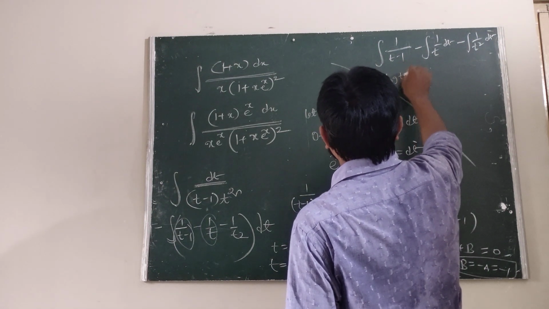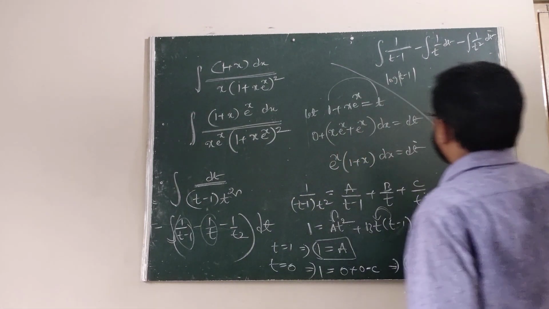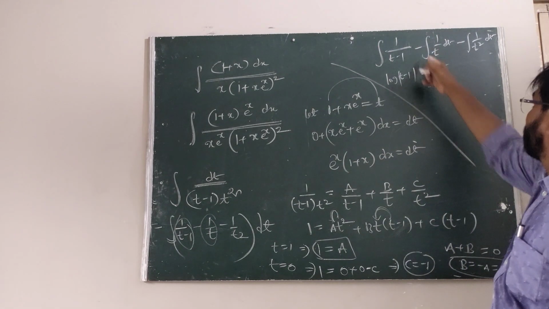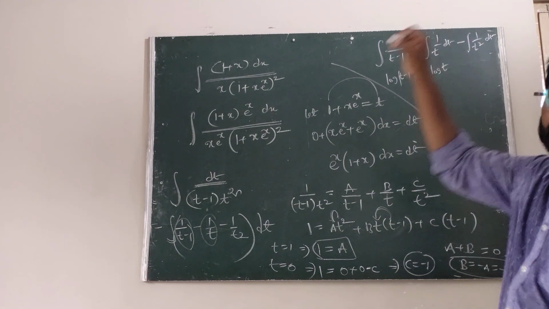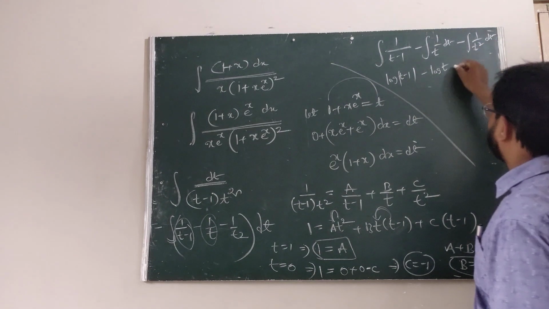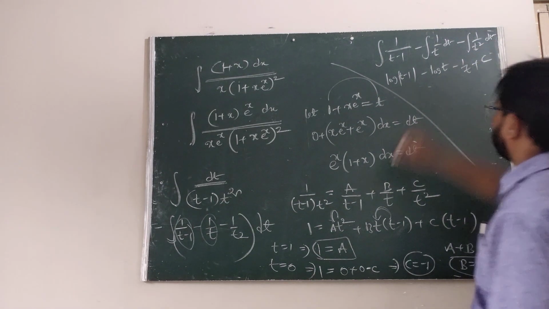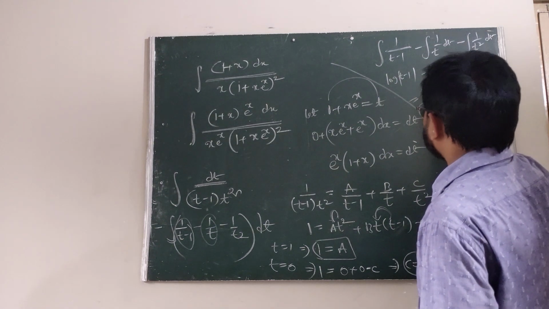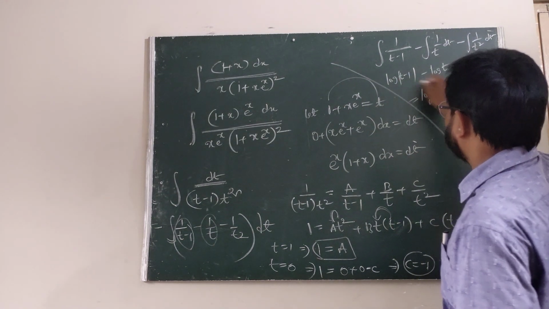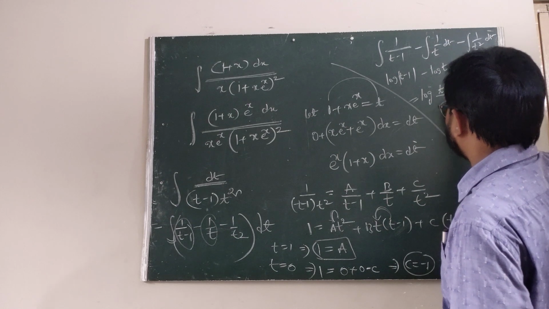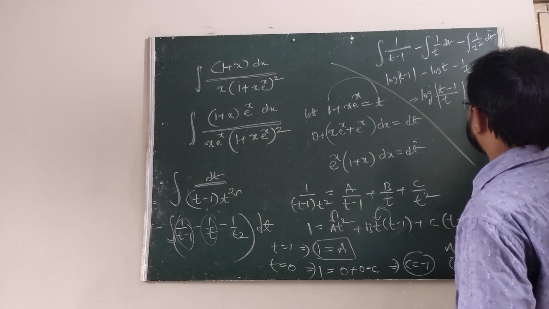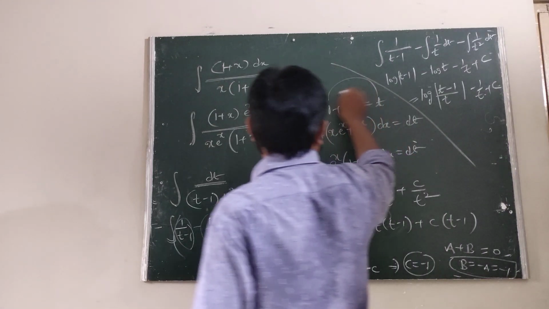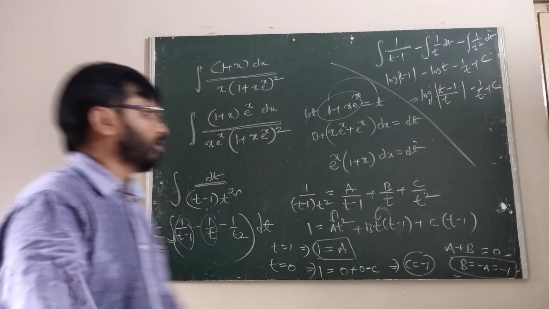What is this one? Log mod of (t minus 1) minus log mod of t. The integral of 1 by t square is minus 1 by t, so minus of minus 1 by t plus C. Therefore, using log a minus log b, we get log of (t minus 1) upon t plus 1 by t plus C. What is t here? t is 1 plus x e^x.